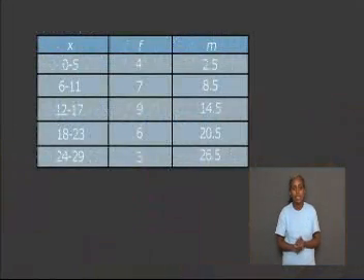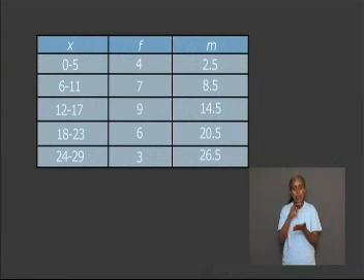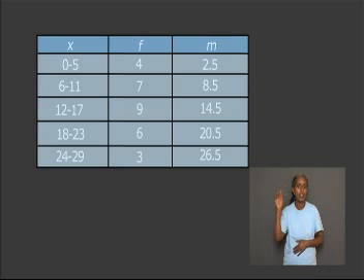The first class is 0 to 5. So the midpoint is 2.5. Fill in the values for each class in the same way so that your table looks like this.